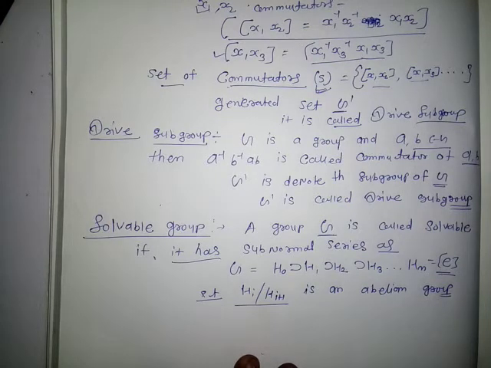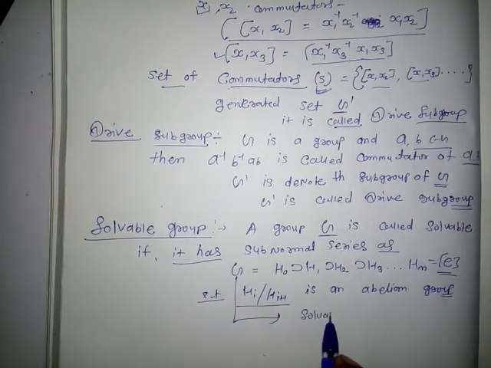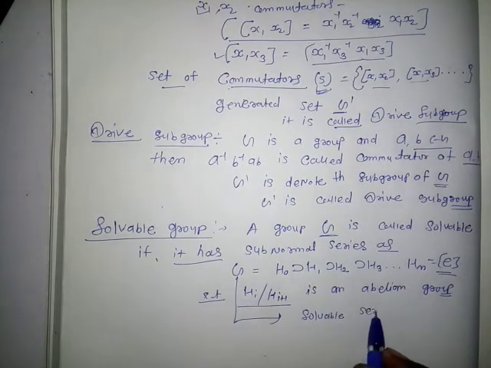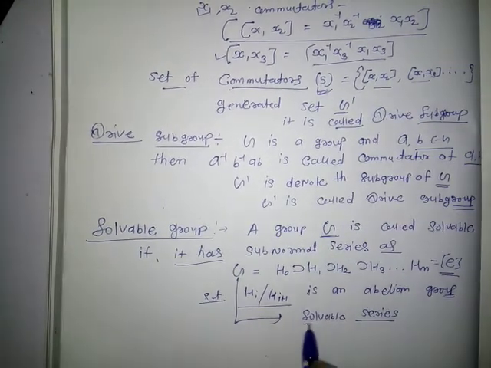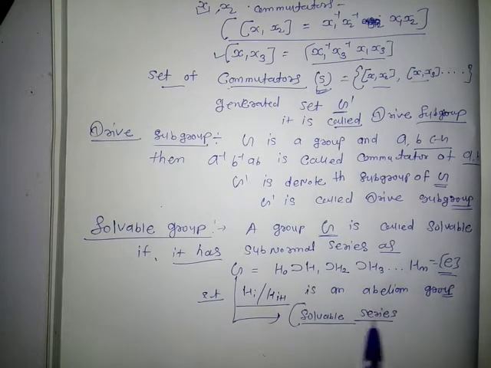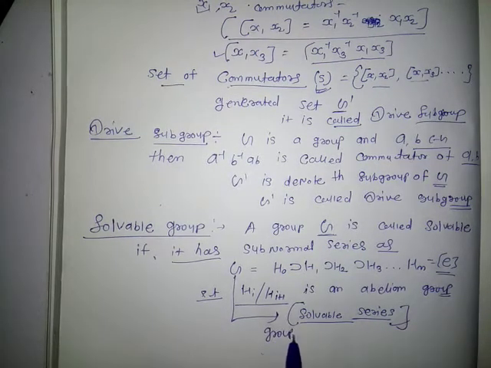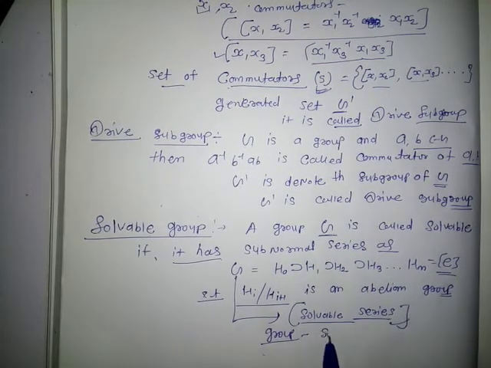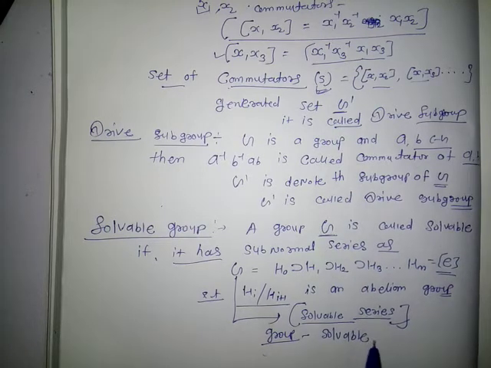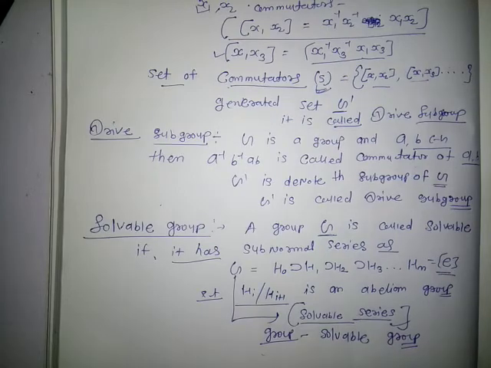Okay, this series is referred to as a solvable series for G, because this series is a solvable series. Okay students, it's called a solvable series and this type of group is called a solvable group.